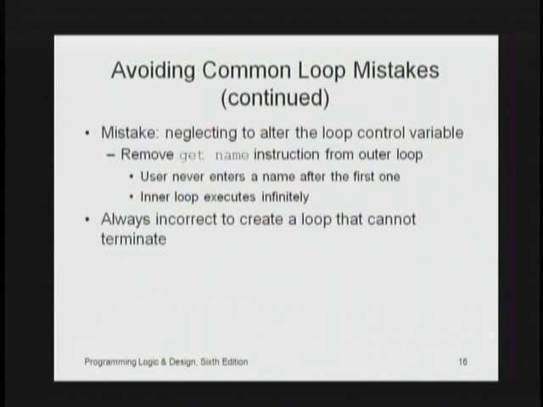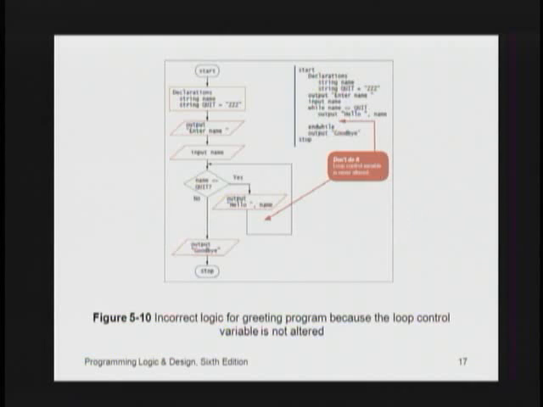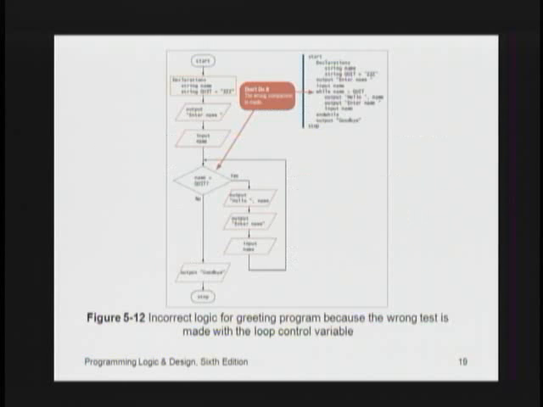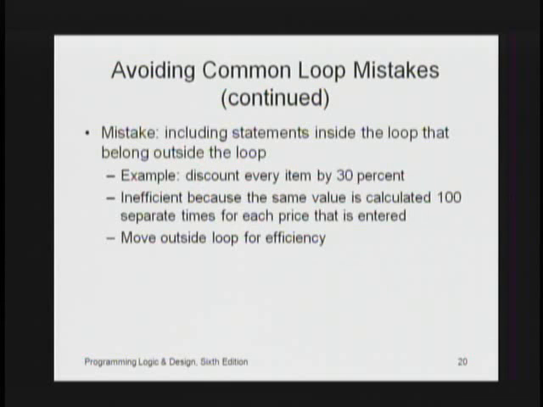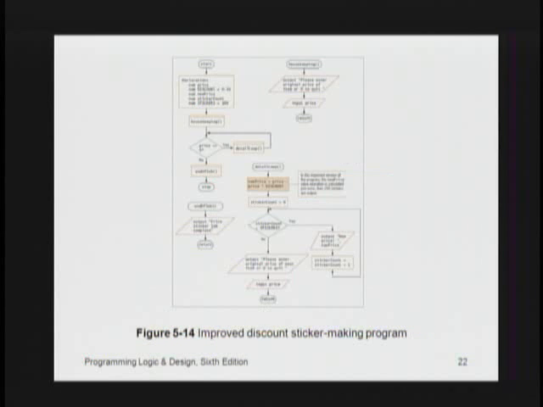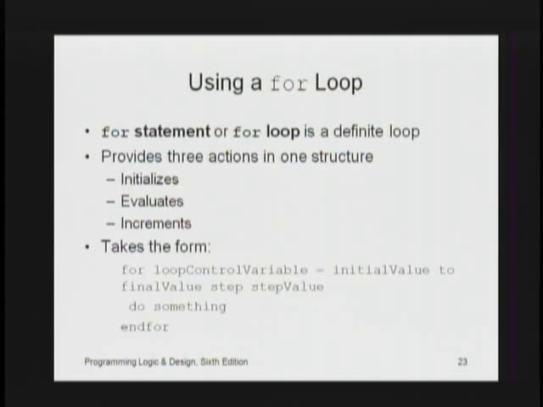Here's neglecting to alter the loop control variable, wrong comparison, and putting stuff inside the loop that shouldn't be. You look at this one, inside of a while loop they're doing a calculation that never changes. Same thing I just did, basically. But they're using their own little cryptic pseudocode for that. That doesn't look fun, so let's move on.